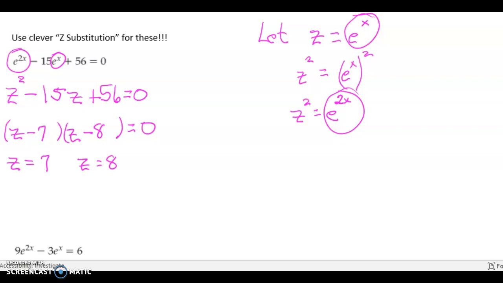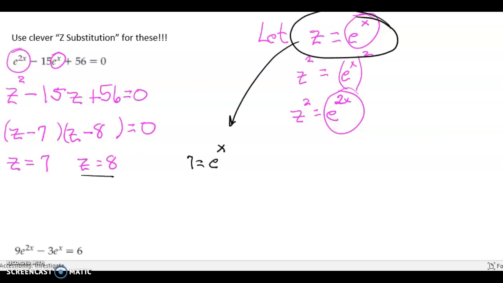Now we're actually trying to solve for x. So now we've got to go back and substitute. If z equals 7, it would say 7 equals e to the x power.